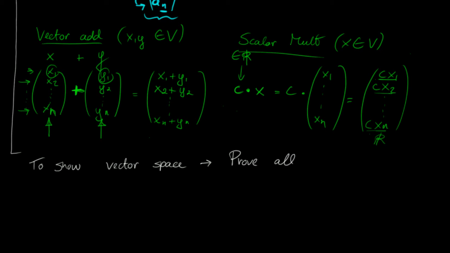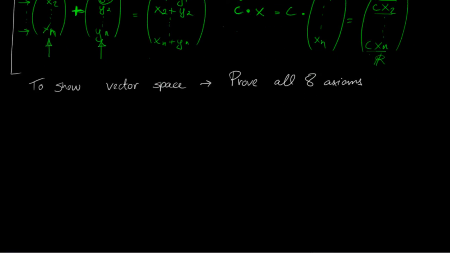I'm not going to prove all 8 axioms because that would make for a very long video. But I will prove some of them, not all of them. The first one I'll do will be the first axiom.